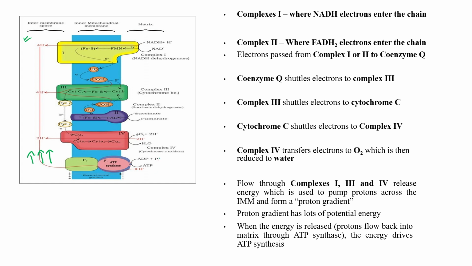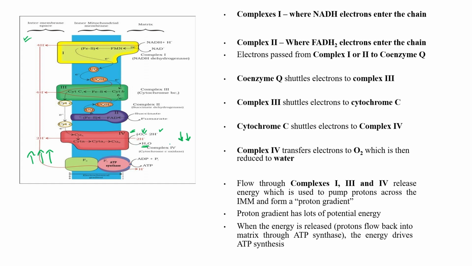The concentration of protons decreases in the matrix, because the remaining protons present here are utilized by the oxygen as the electrons pass from one complex to another and are finally accepted by this oxygen. So by utilizing the remaining protons and accepting all the electrons, this oxygen gets converted into water. It will produce water. That's why it is written over here: oxygen acts as the final hydrogen acceptor, or final electron acceptor.